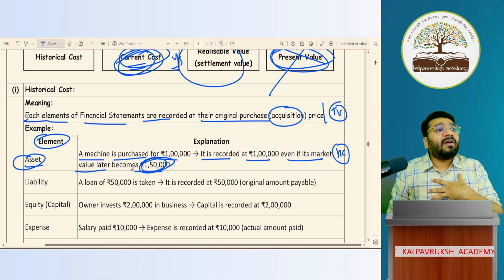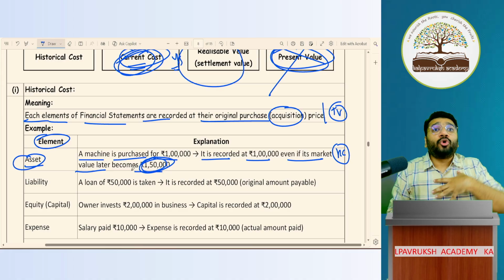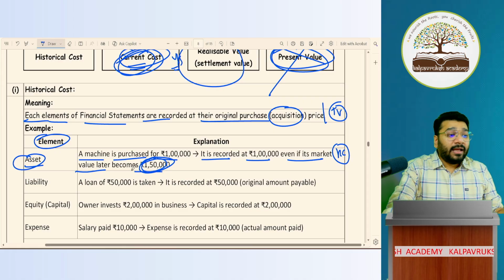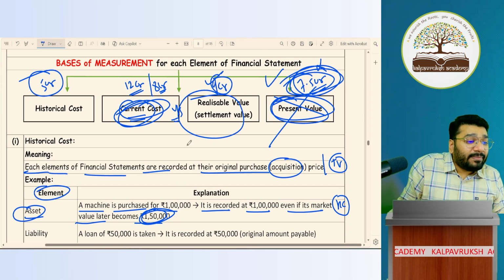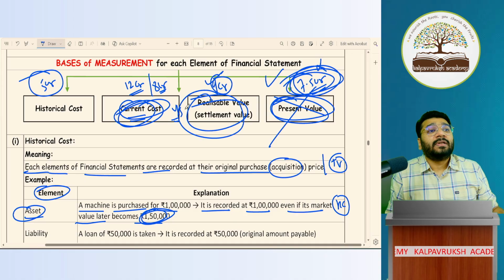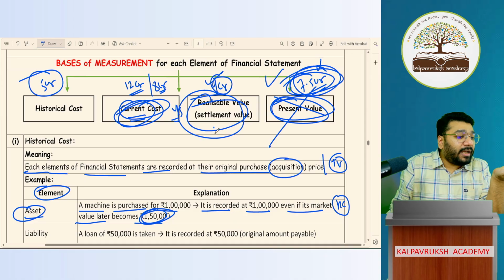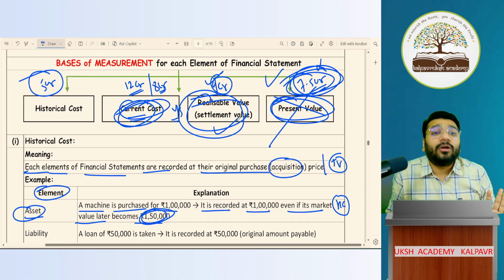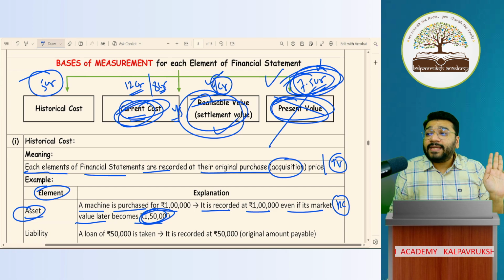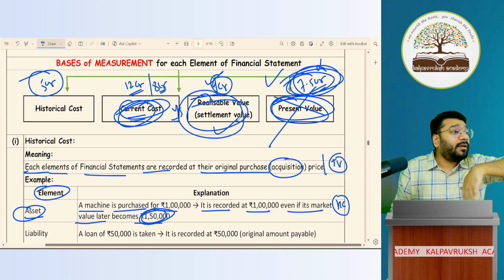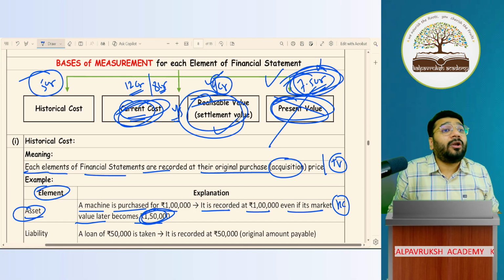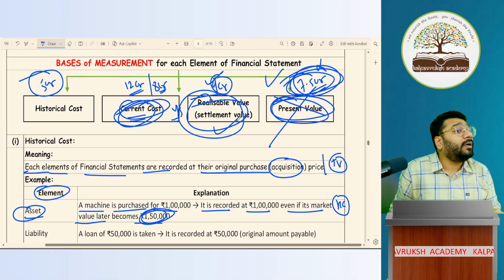On the other hand, if I want to show the building at its realistic value, then I can show it at realizable value. Depending on the situation, if I need, I can show it. Or if the AS permits, you can show. Otherwise, you cannot show. So you cannot say that this method is better or that method is better. The selection of the method will depend on the situation you are in. Got it, not got it?